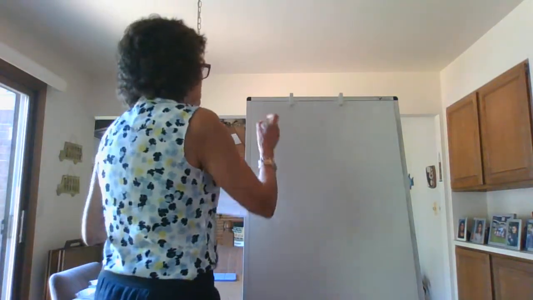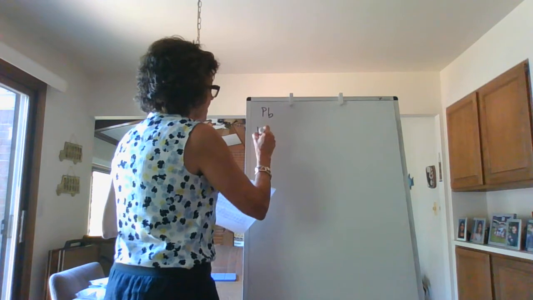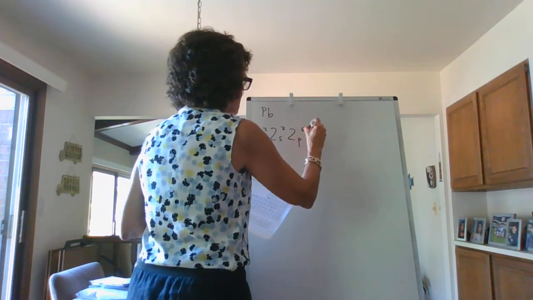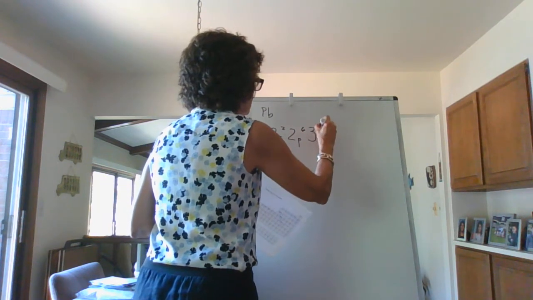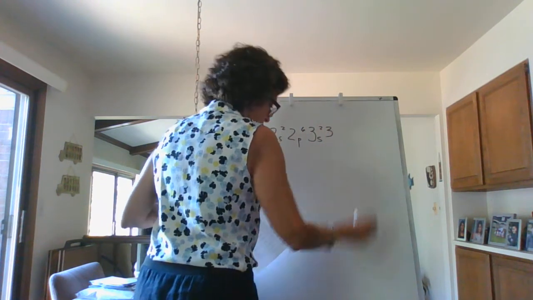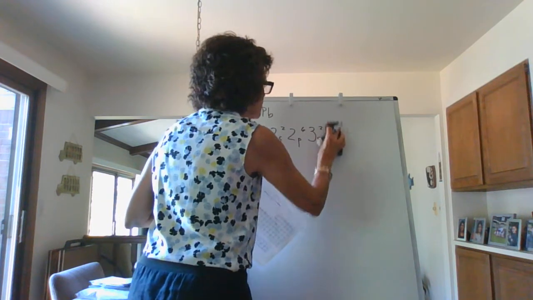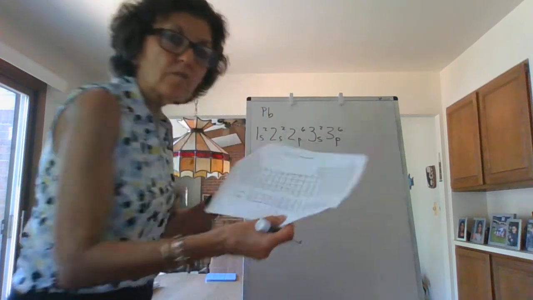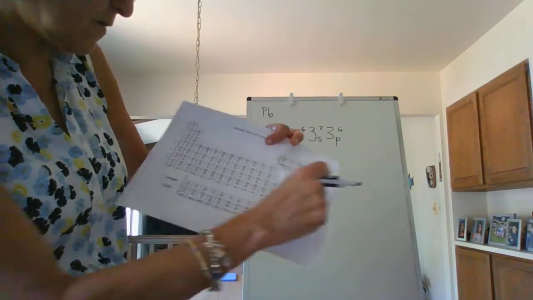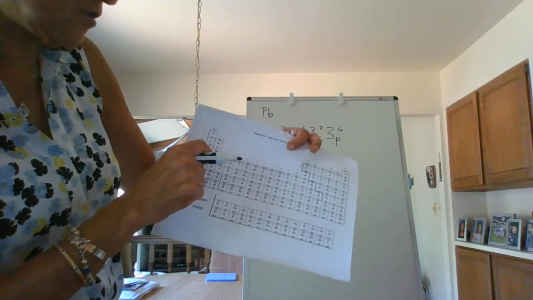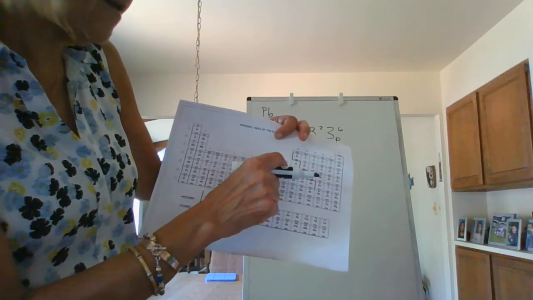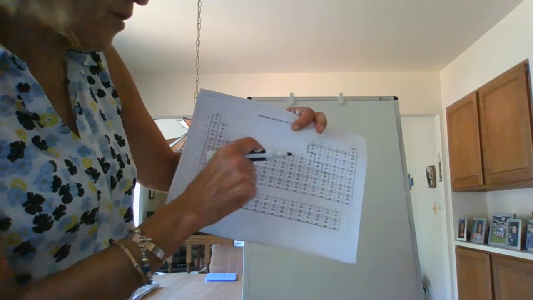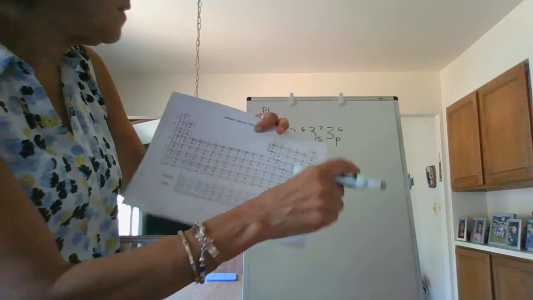Keep on going, so we're doing lead. 1s2, 2s2, 2p6, 3s2, 3p6, and then after 3p6, I go over here, 4s2, 3d10. Remember, period number minus 1 in the D zone. 4s2, 3d10, 4p6.